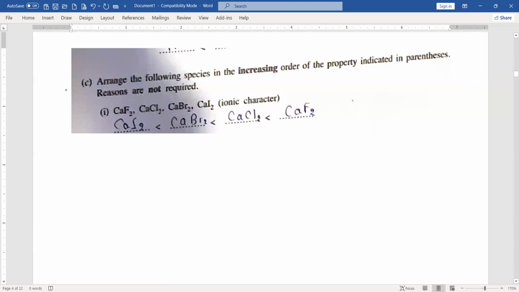In this case, you can say that in all the compounds, the cation is common, calcium 2 plus. Therefore, the effect on the anion will be same.